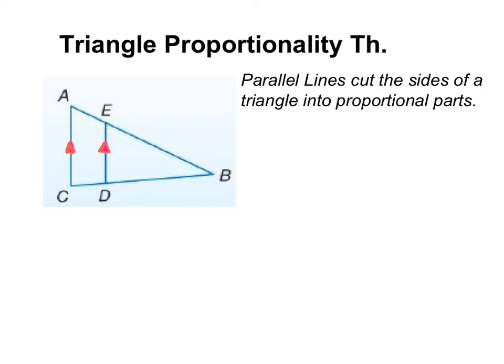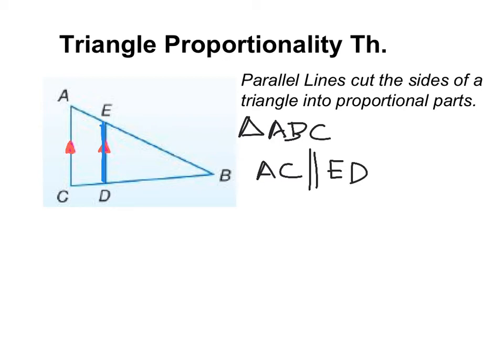The parallel line is going to be ED. We are looking at triangle ABC. So AC is the side of the triangle that is parallel to the inserted parallel line ED.